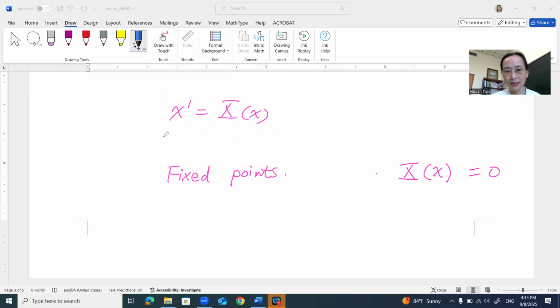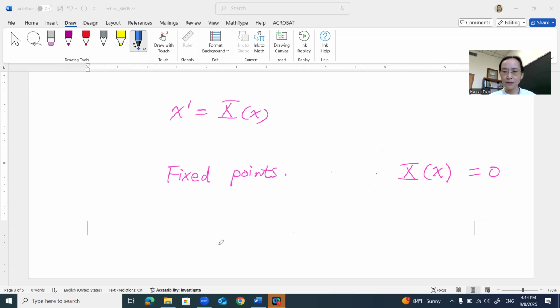So if you are looking for constant solution vectors for the system, then this derivative will become 0. So you just solve an equation system that does not involve derivatives. So fixed points are easy to solve. Just all the solutions that satisfy this equation.